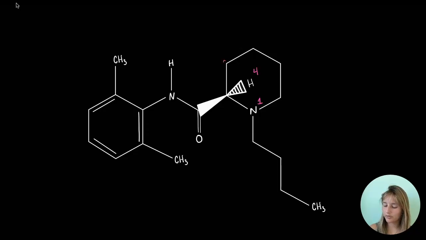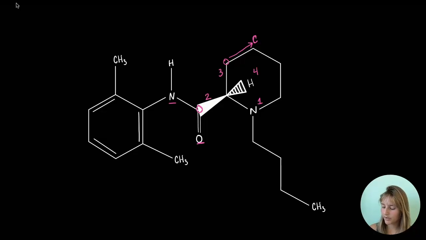Then we have 2 attached carbons, and to determine which is higher priority, we're going to look at the other connections. The next connection is another carbon. And then in this one, the next connection is an oxygen and a nitrogen. And oxygen and nitrogen both have a higher atomic number than carbon, which means that this attached carbon is going to be the 2nd highest priority, and this is going to be the 3rd highest priority.